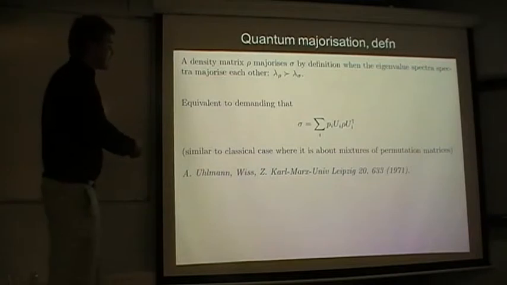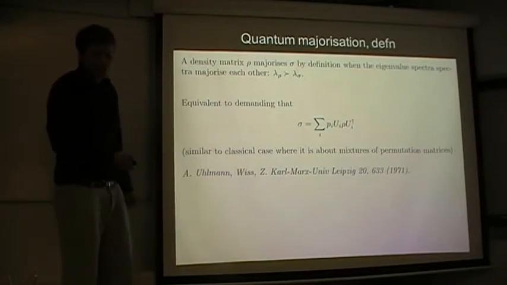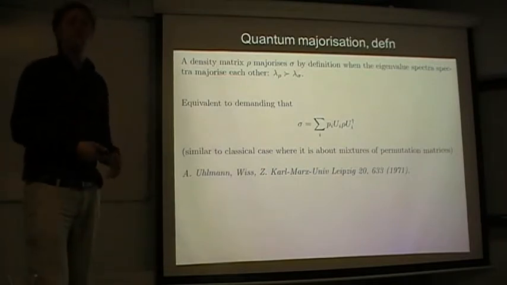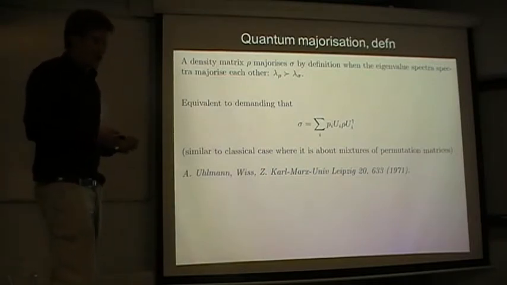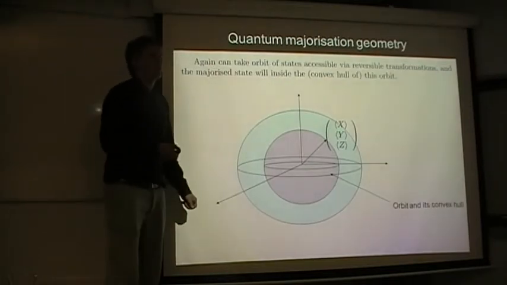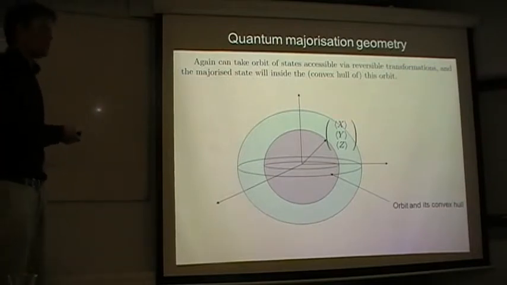So this is actually very similar to the classical case, where we said p majorizes p prime if we can get p prime by a convex combination of hitting it with permutation matrices. So we can visualize it in the same way, although it would be nice to go to the qutrit, but I don't know how to draw that. It's too high dimensional, so let's do the qubit.